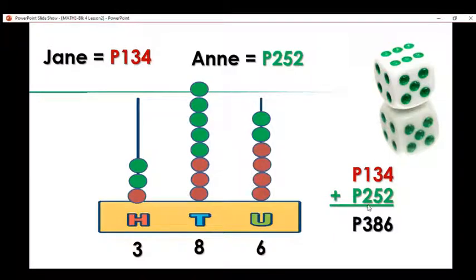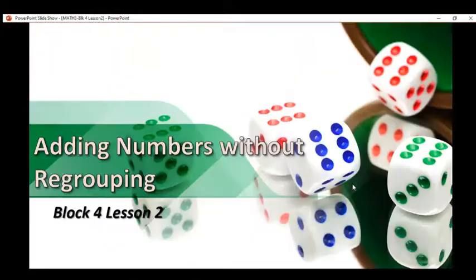So we have 386. Did we get the same answer with the abacus drawing and the column method? Yes. So today we are adding numbers without regrouping. This would be your second lesson in Block 4.